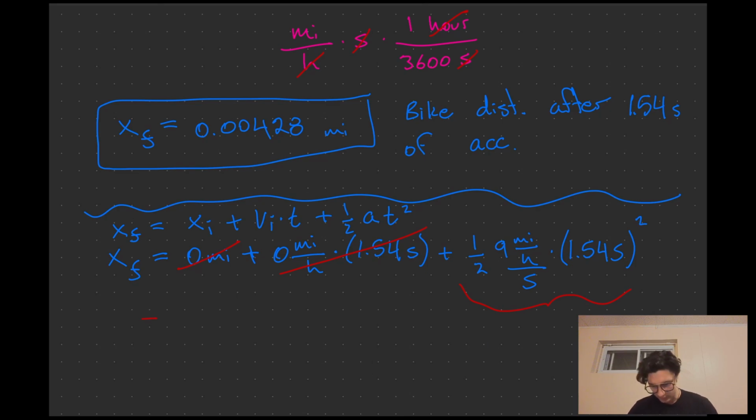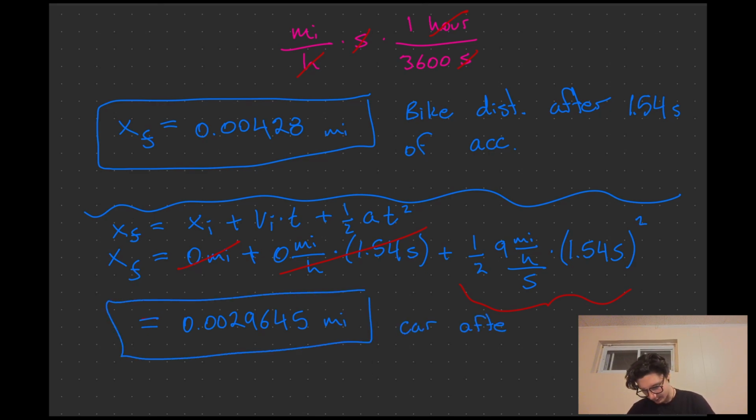And what this looks like is 0.5 times 9 times 1.54 times 1.54 divided by 3,600 to convert this in miles. We get 0.0029645 miles. So this is car after 1.54 seconds acceleration.